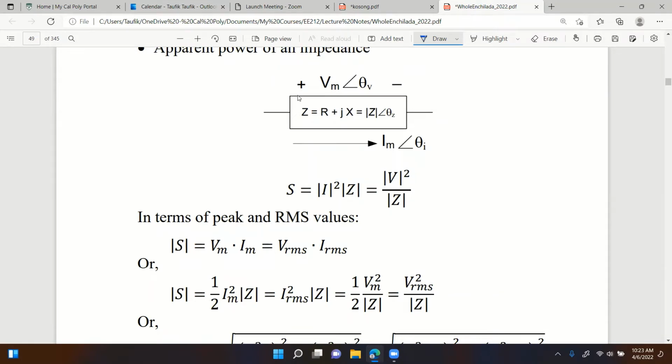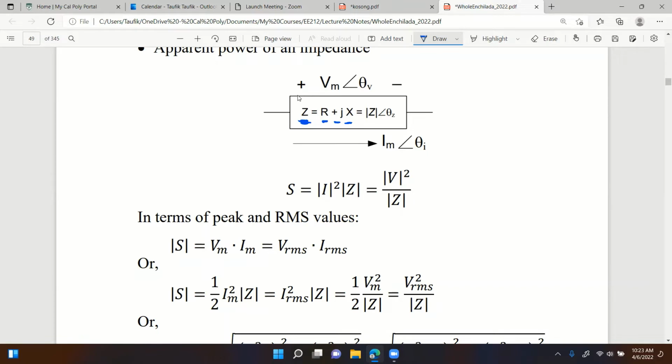The voltage across the entire device is Vm at theta V, and the current through the device is Im at theta I. Notice that in the device I define an impedance Z that consists of R and X, R plus JX.